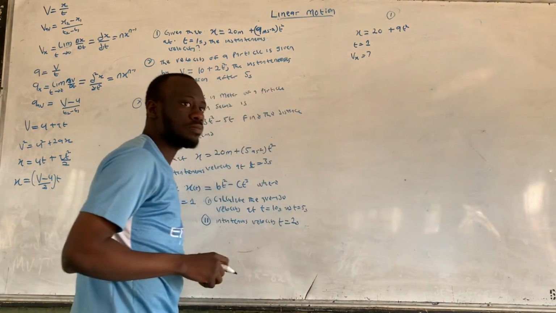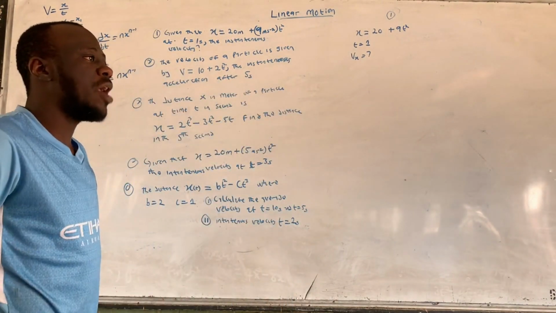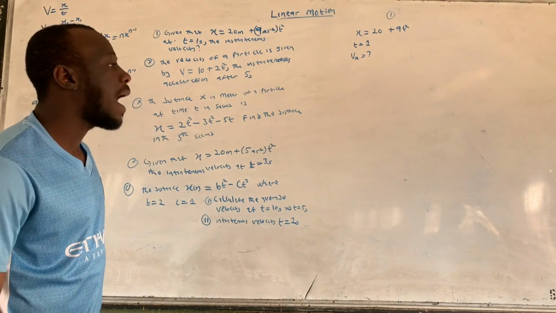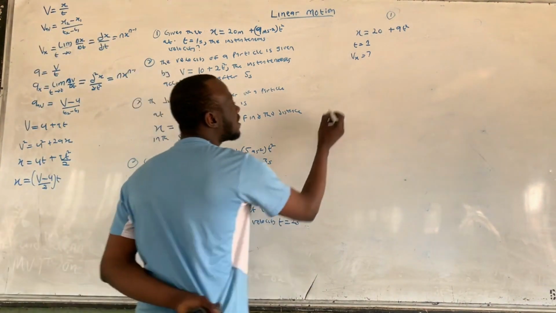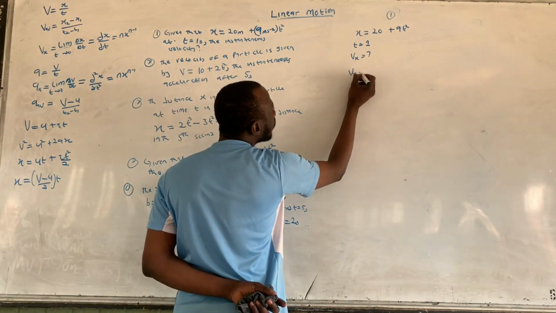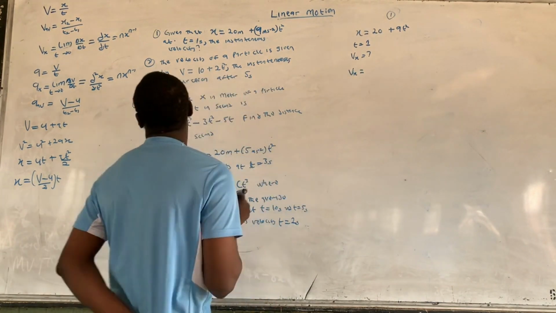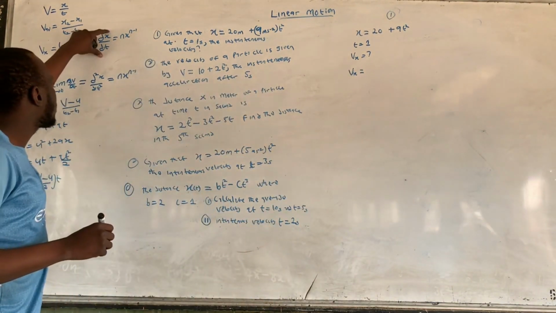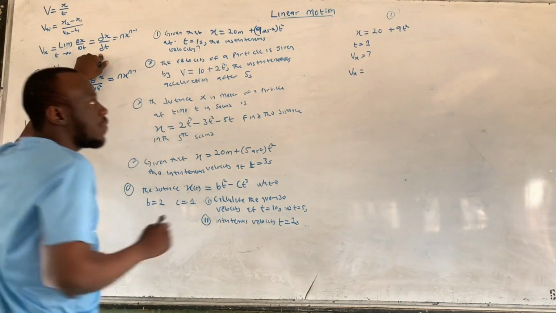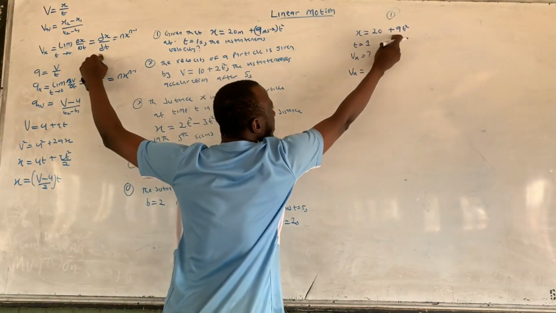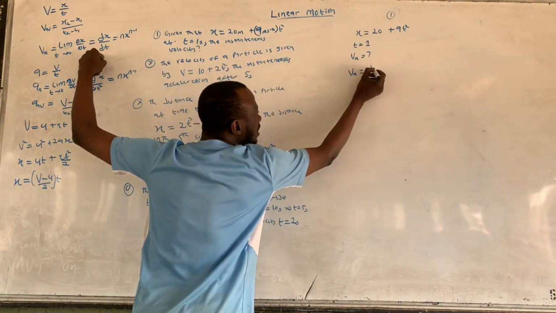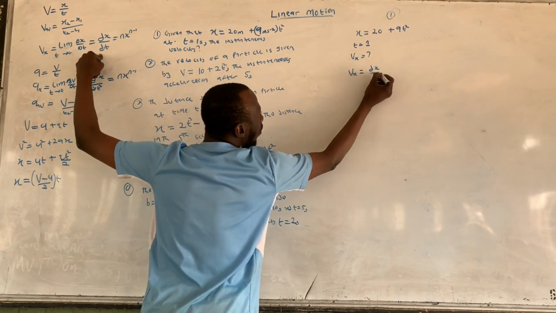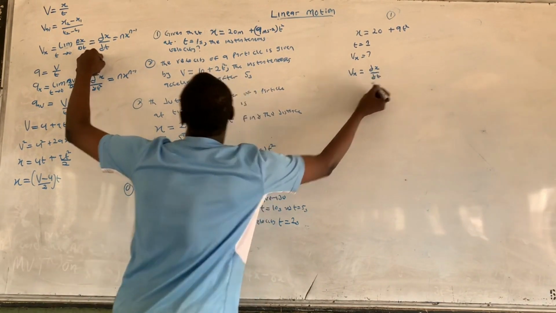So now, remember that I told you that Vx equals dx over dt. Since here we have distance against time, it equals dx over dt.